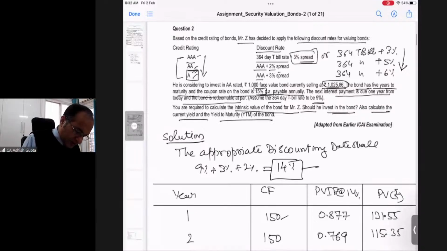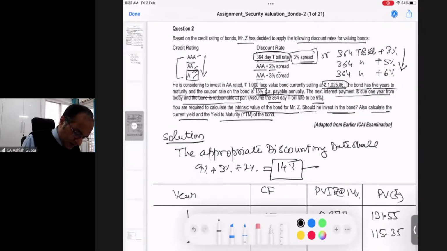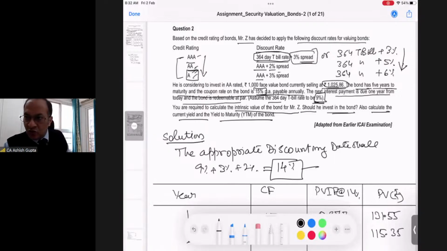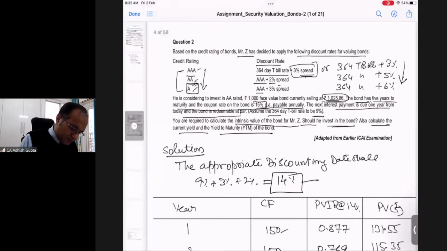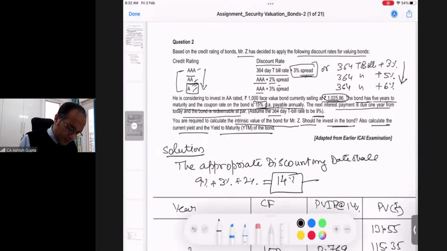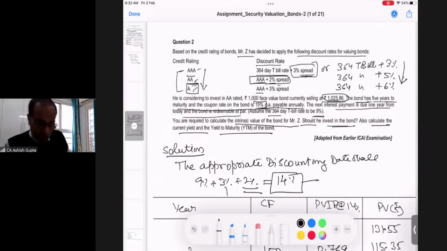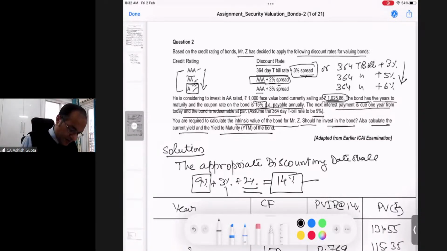Here, the 364 days treasury bill rate is 9%. Okay, it is the basic rate. So we have a 3% spread over that, since we are in category double A, we have added this additional spread. So that's why we have taken the treasury bill rate.